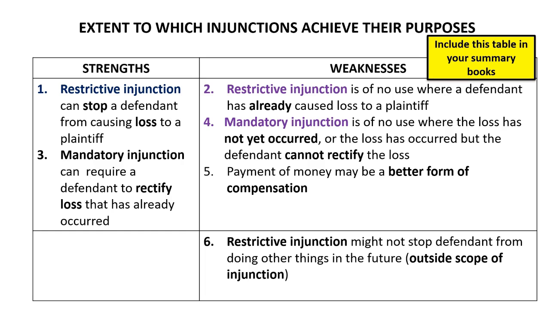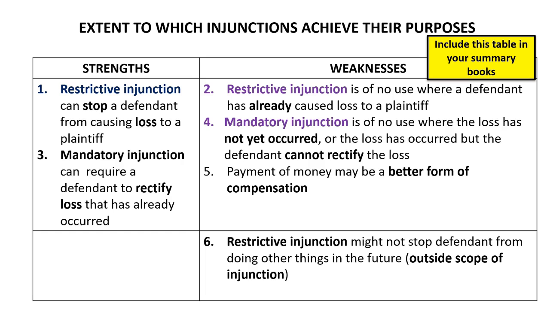Let's revisit for the last time the case of the factory polluting the river and poisoning a farmer's cows. In that case, the best way of restoring the farmer as far as possible to the farmer's original position is a combination of damages and injunctions. The farmer will want to be paid damages to compensate the farmer for the value of the dead cows.